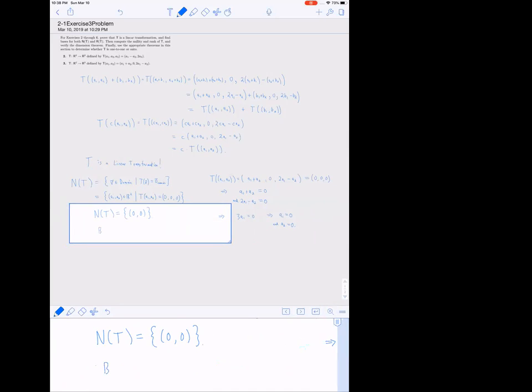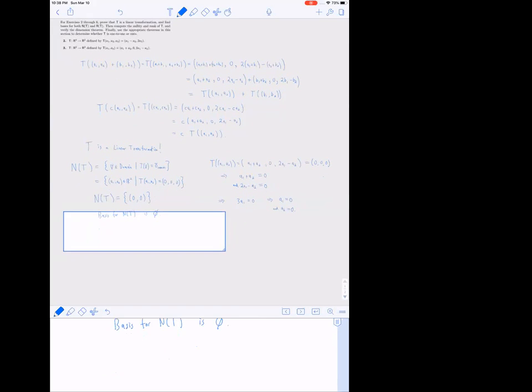So a basis for N of T is the empty set, because we gave as a special condition that we could call the empty set a basis for the 0 vector space. All right, so far so good. Now we've got the null space. We figured out what the null space is, and we found a basis for it.